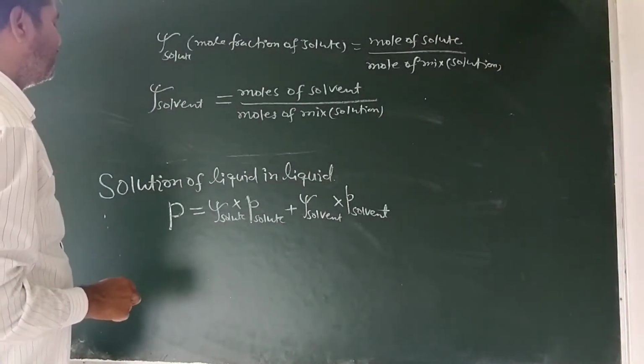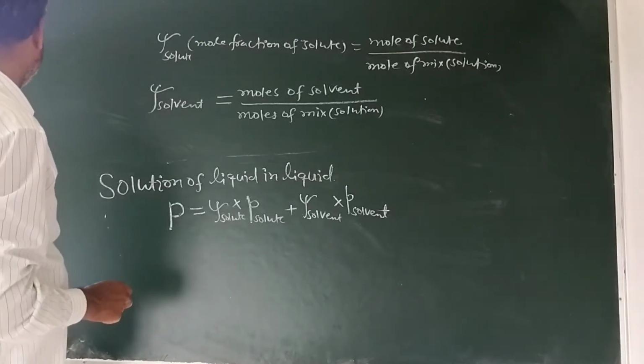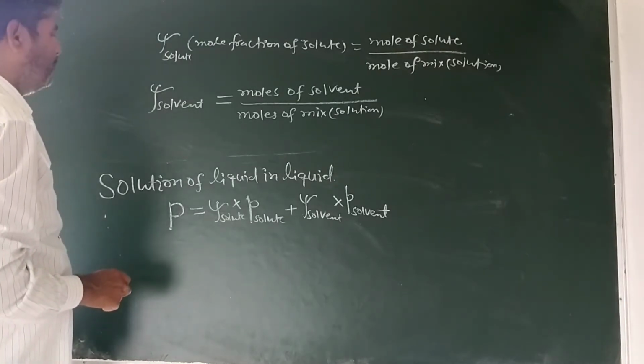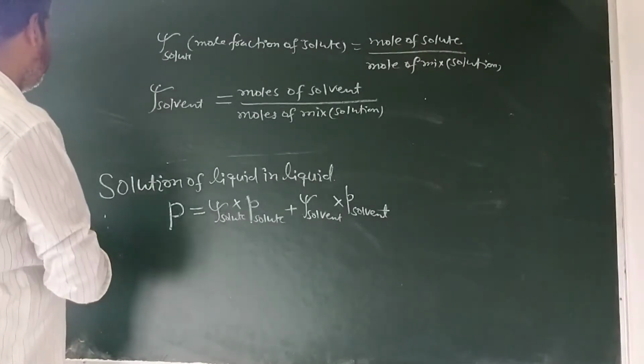And P is partial pressure of solute and partial pressure of solvent is the value of the pure state, that is before mixing to each other.